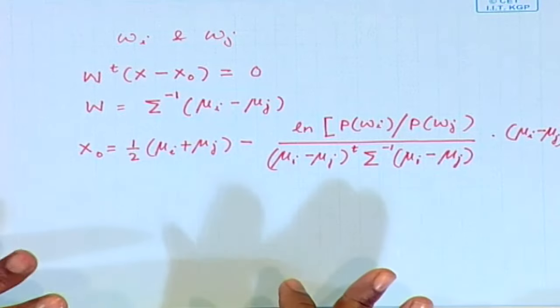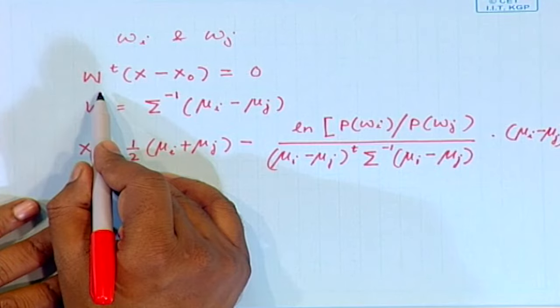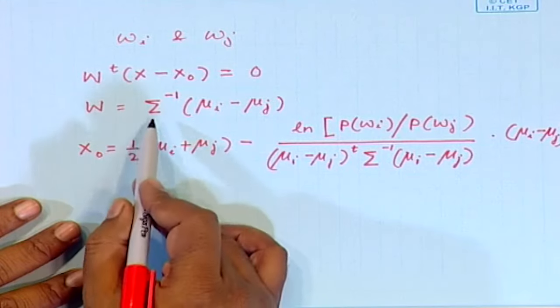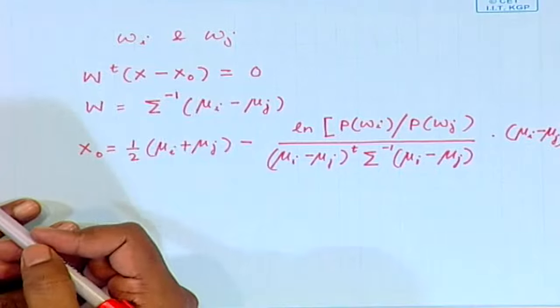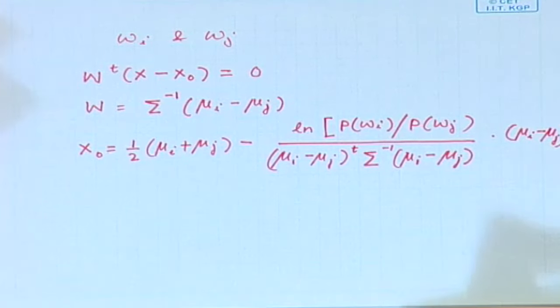So, the expression becomes more or less the same. I get a similar expression, w transpose (x minus x_0) equal to 0. But this w is nothing but sigma inverse (mu_i minus mu_j). If you remember, in the earlier case our w was simply mu_i minus mu_j, which is the vector from mu_j to mu_i.